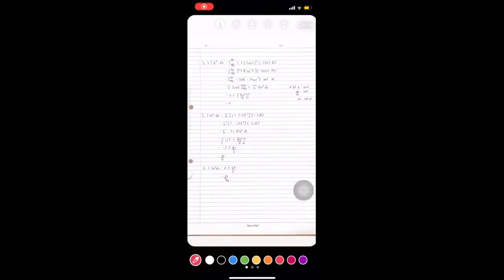Assalamualaikum warahmatullahi wabarakatuh. I am Amir Ajwad bin Abdul Wahab. I'm going to continue with the integration part for C1 and C2. For C1, we substitute the x and dx values into the equation and then expand it. After we expand it, we can do the integration.